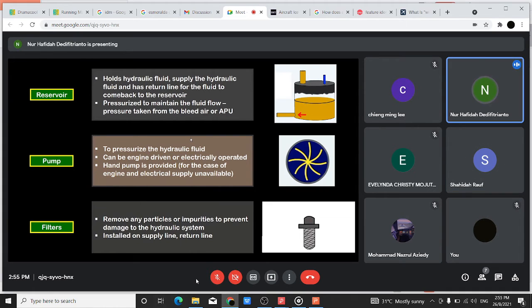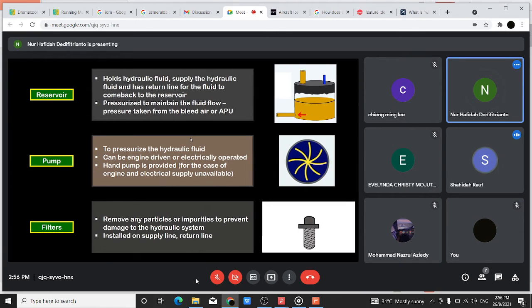Hydraulic fluid is a fluid that is incompressible, because we want to make sure that the force we put in, for example from the hand pump, is received by the actuator at the end of the system so that it can actuate and generate movement for whatever feature we want to move, for example the brake.